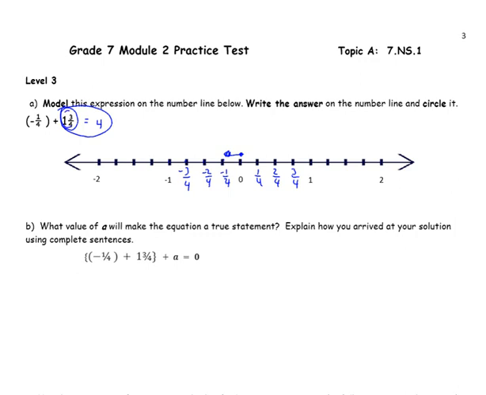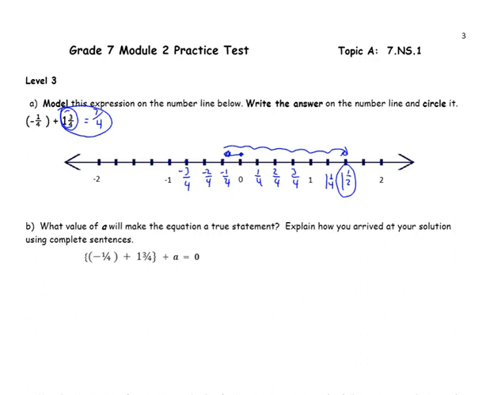So I'm going to be going 7/4 altogether. So that's going to be 1, 2, 3, 4, 5, 6, 7. That is my 7/4, and that is 1 3/4. And then the answer, this would be 1 1/4, 1 1/2. So circle your answer, 1 1/2.